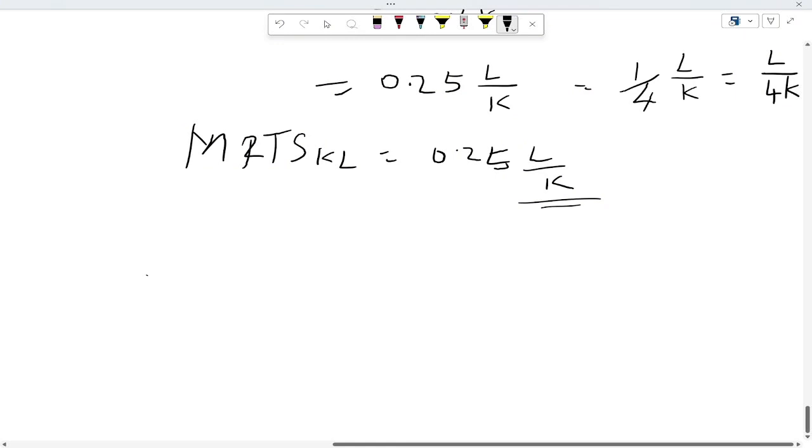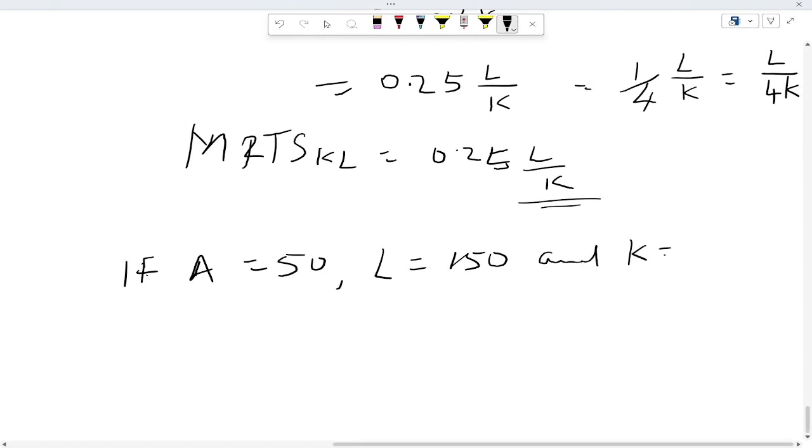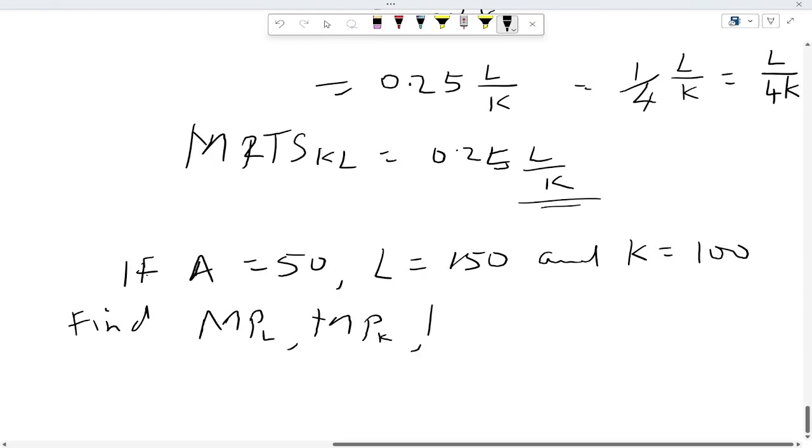But if, for instance, another question is asked and it says A is given as 50, maybe 50 or 20, and L is given as 150, and K is given as 100, then this time around you have to find MPL, MPK, MRTS of L for K, and MRTS of K for L.